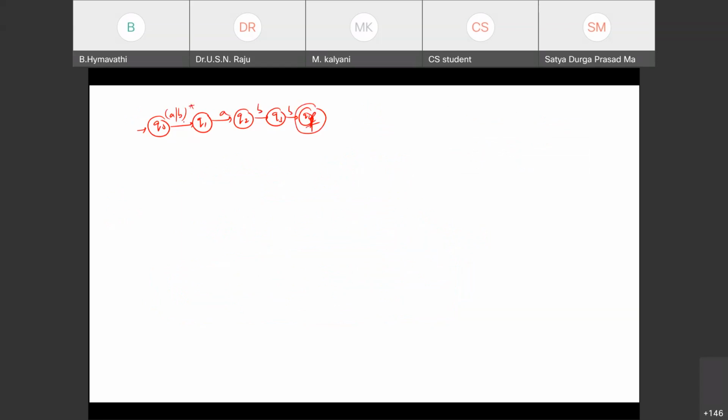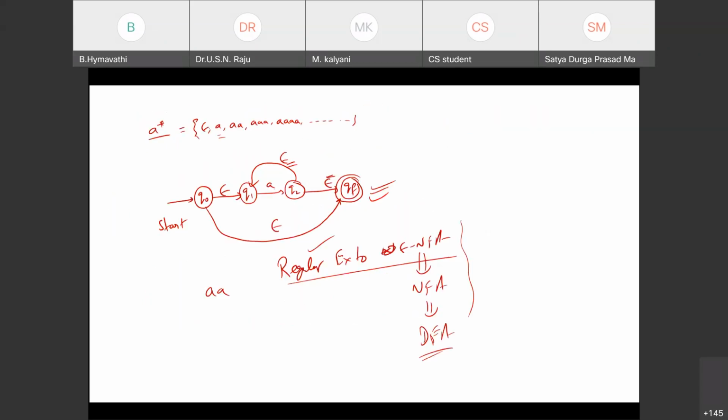Now, which one has to be done first, slash or star? Star has the highest precedence, so you consider it as A star or R star. Between Q0 and Q1, I need to get the star diagram. Between Q0 and QF we got it; now between Q0 and Q1 you need two extra states, and accordingly you write these epsilons and the regular expression.